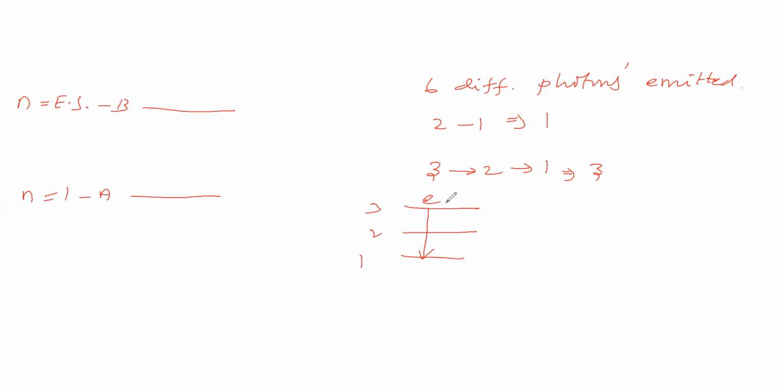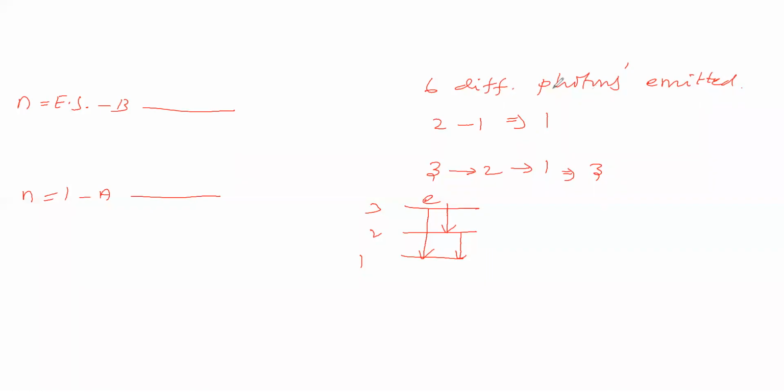Another possibility, this electron may jump from 3 to 2 by emitting one photon, and then from 2 to 1 by emitting another photon. These 3 photons will have different energies. So 3 photons emitting means the electron is coming from the third level. Now, 6 different photons: what is the level?